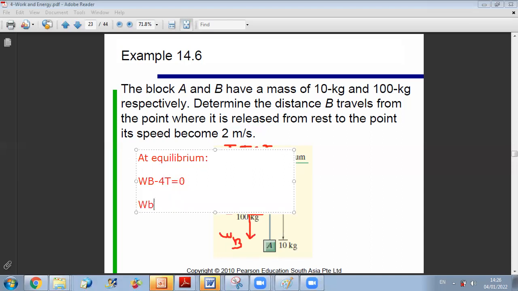So WB should be equal to 4 times T, which is 400 Newton. This means that the mass of B should be 40 kilograms.